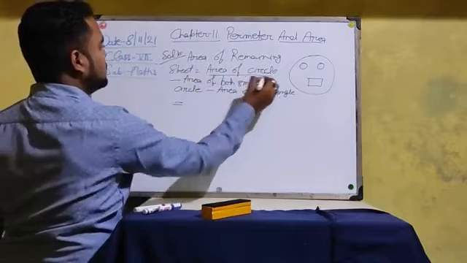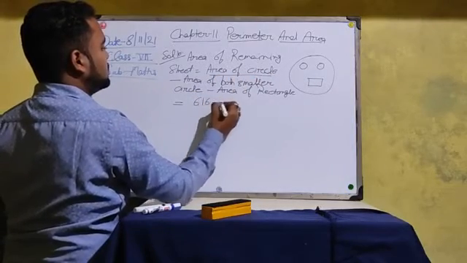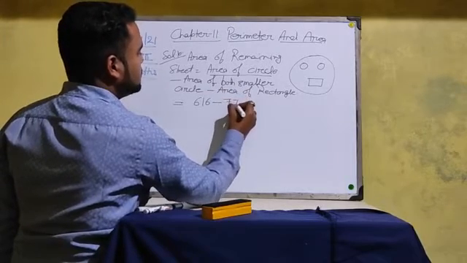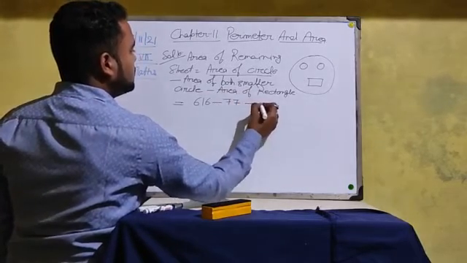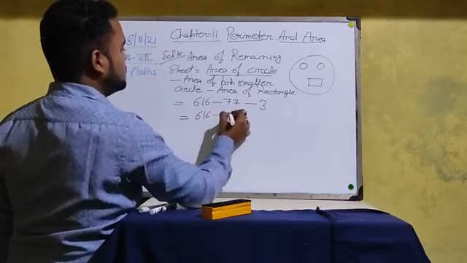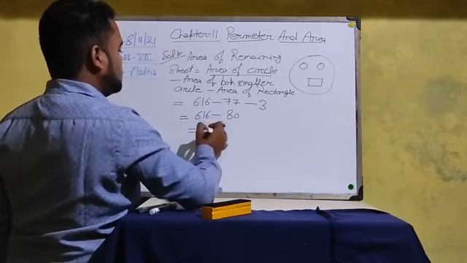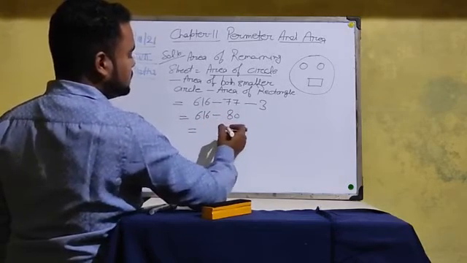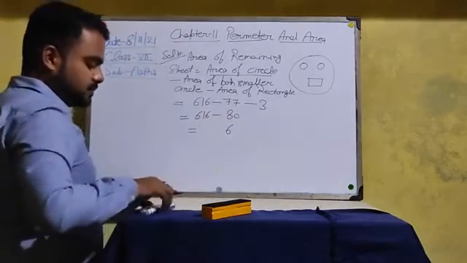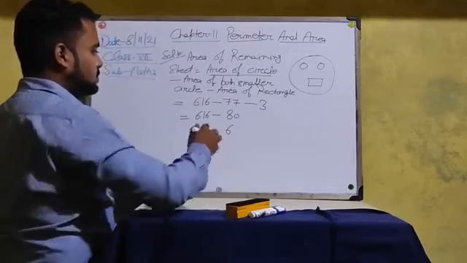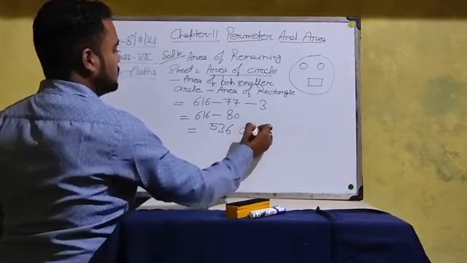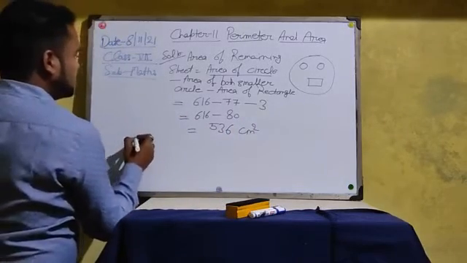So area of circle here is 616 minus area of both smaller circle is 77 centimeter square minus area of rectangle is 3. So 616 minus 80. When you subtract it, you find here 536 centimeter square.